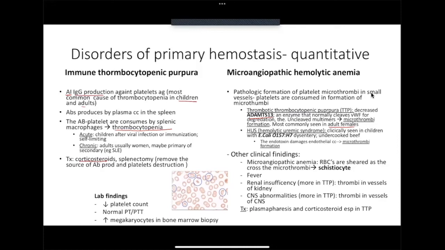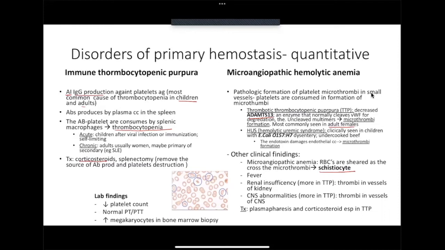What is special about this case is that the microthrombi are formed in the vessels, so red blood cells passing through can be sheared, ruptured, or cleaved by these microthrombi, and you see fragments of red blood cells, called schistocytes. Then you can see fever, for example, in a person with E. coli, because this is a bacterial infection.